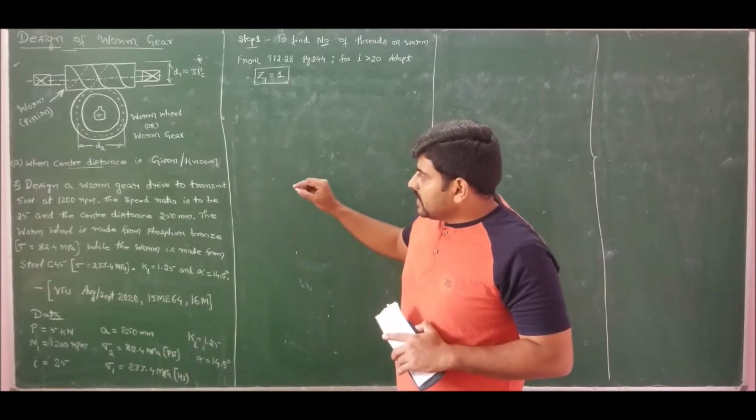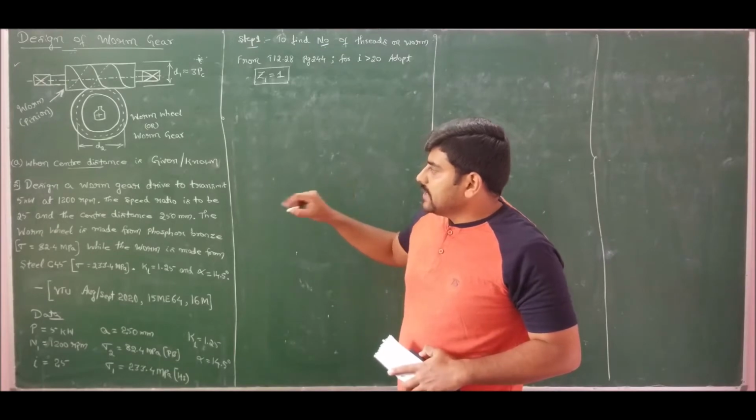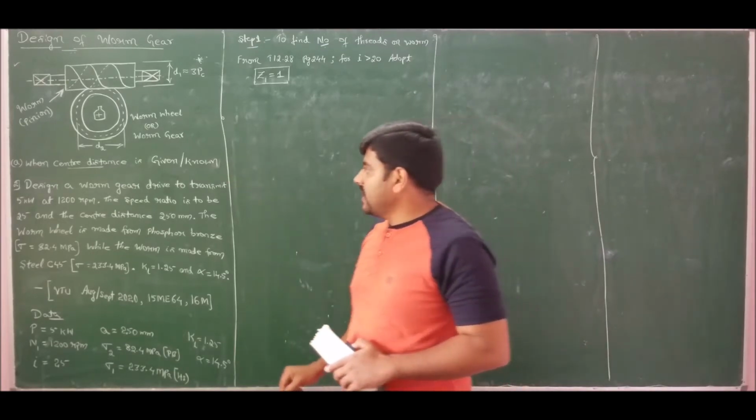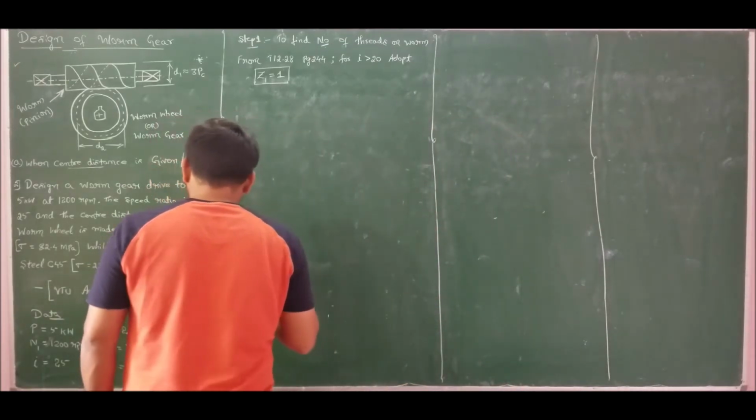Now, I want to determine the pitch circle diameters, for which the center distance is specified. He has given the center distance as 250 mm.